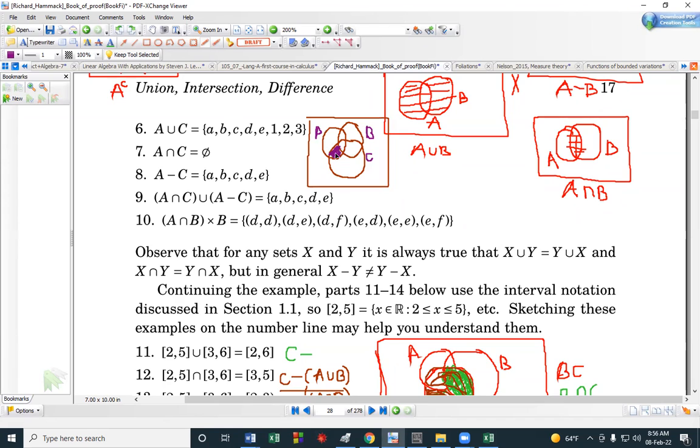How can we represent this purple shaded region? Any suggestion from anyone?